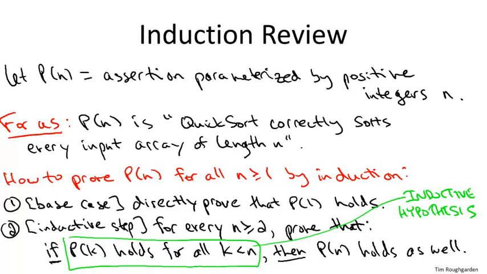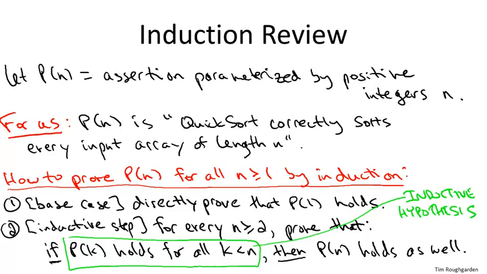So for any given n that you care about, you just start from the base case, P of 1 holds, then you apply the inductive step n minus 1 times, and boom, you've got it. So you know that P holds for the integer n that you care about as well, and that's true for arbitrarily large values of n. So those are proofs by induction in general.